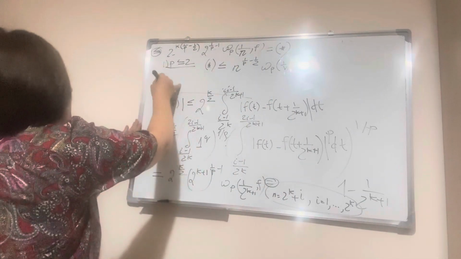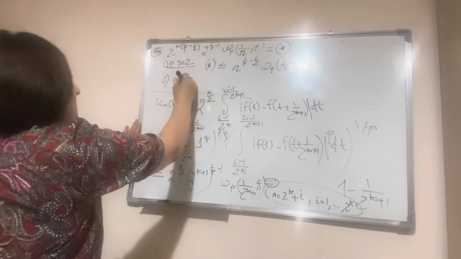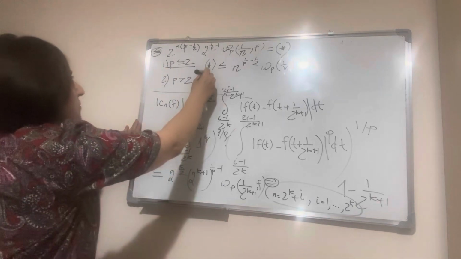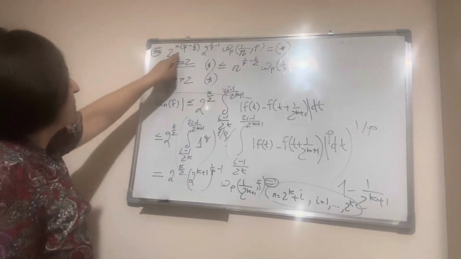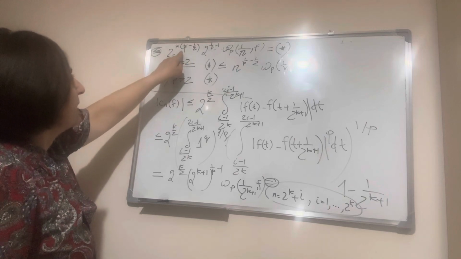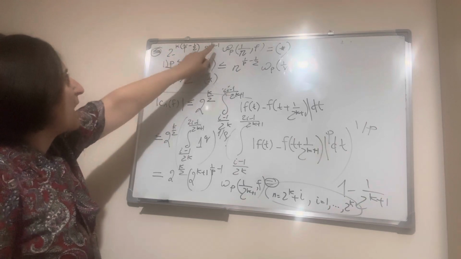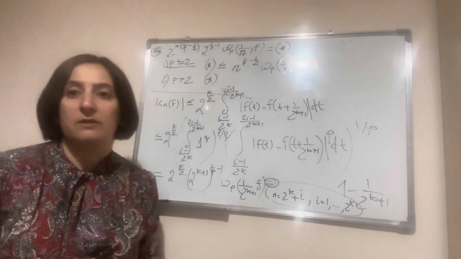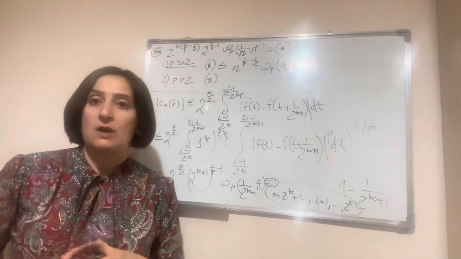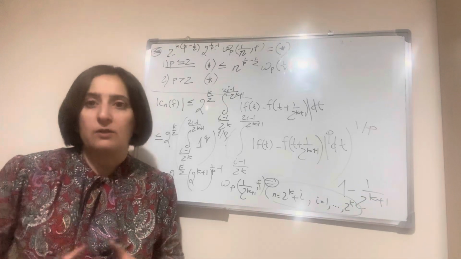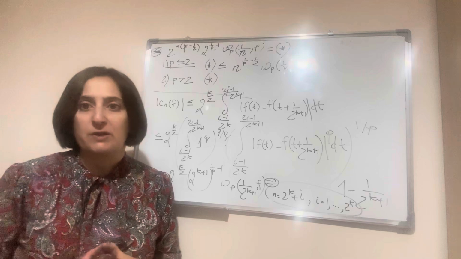Now, for the second case, p greater than 2, star: we first notice that this 2 raised to 1 over p minus 1, no matter what p is, is less than 2 raised to 1 over p minus 1 over 2.